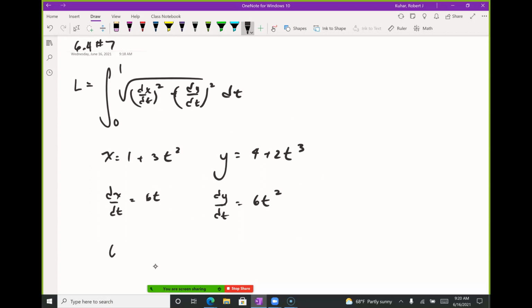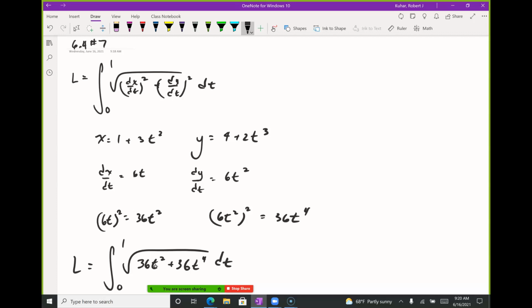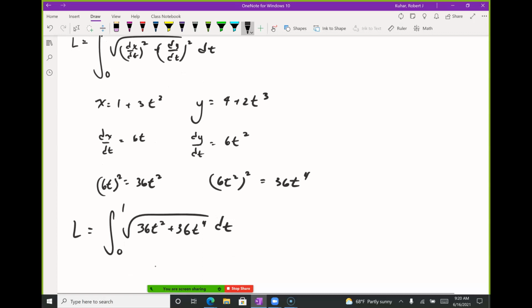So 6t squared is 36t squared, and 6t squared quantity squared is 36t to the 4th. All very easy so far. So it looks like our arc length from 0 to 1 is going to be the integral of the square root of 36t squared plus 36t to the 4th dt. Don't let me go too fast here.